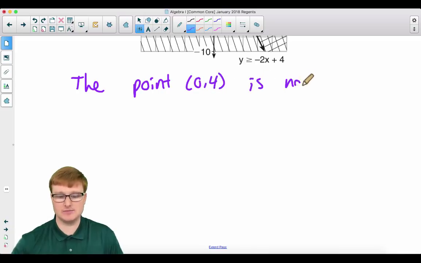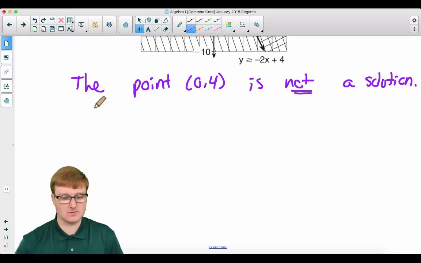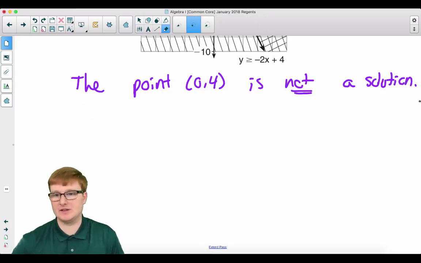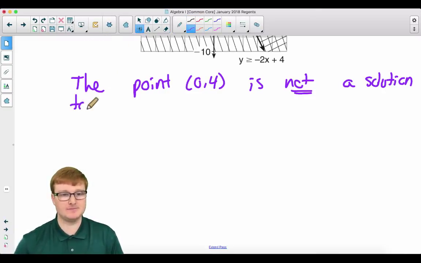is not a solution. If you want to be more specific, it's not a solution to the system of inequalities shown. That is the proper way to say it.